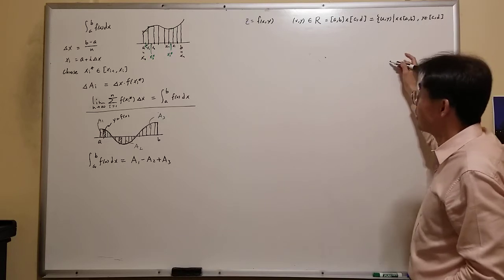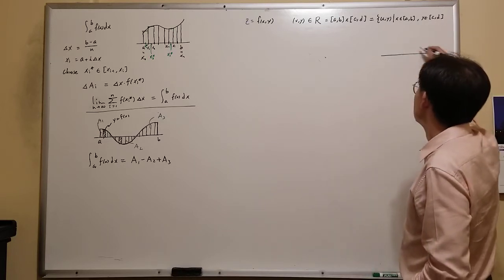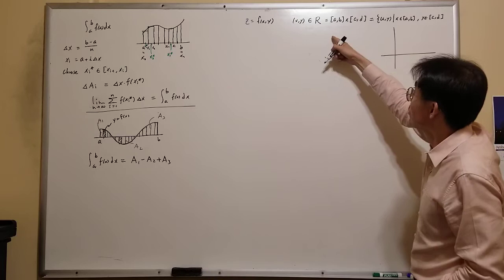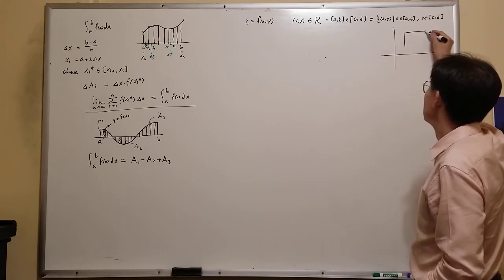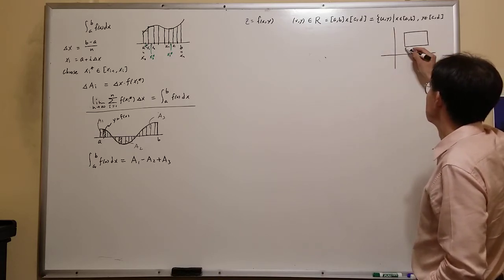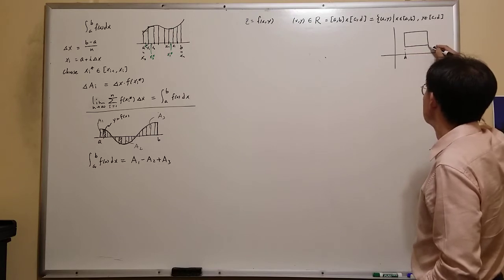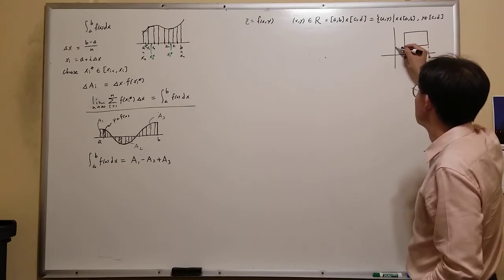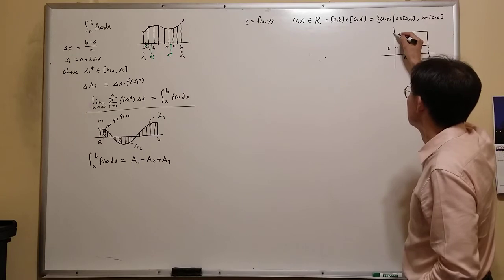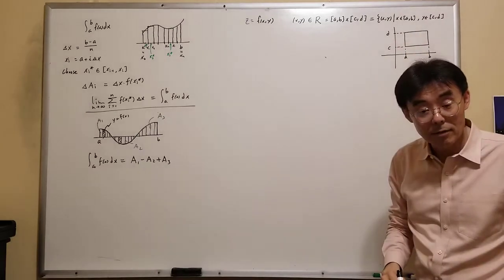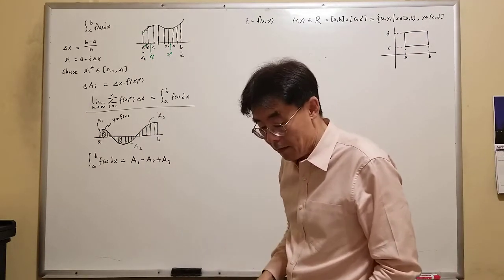Okay? So the domain of this function will be this kind of rectangle. A, B, C, D.